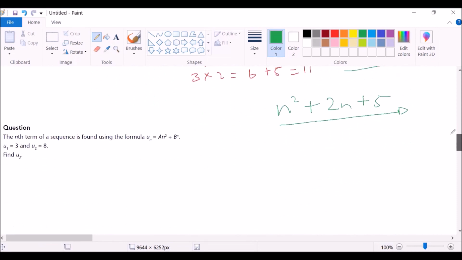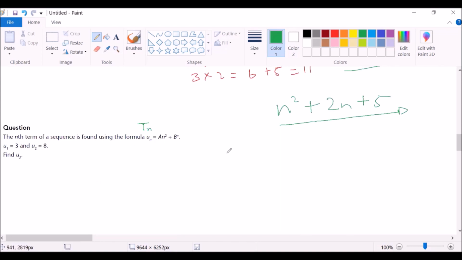But let's move on. The nth term of a sequence is found using the formula un is equal to an squared plus bn. Okay? u1 is equal to 3 and u2 is equal to 8. So we have said un can be used in place of tn.